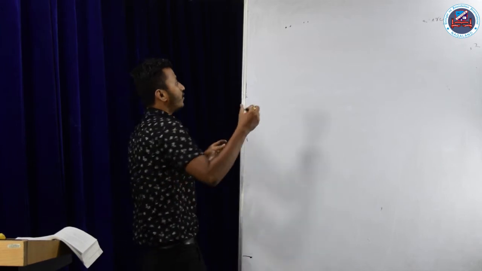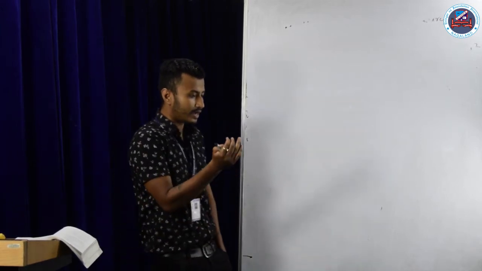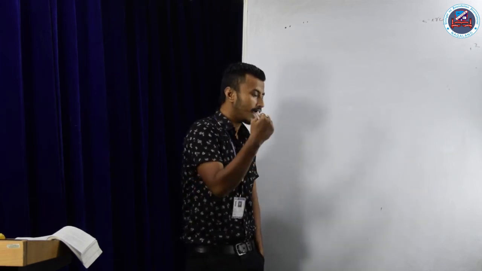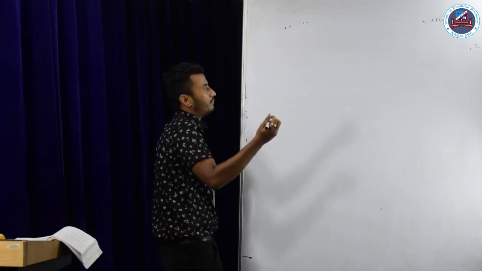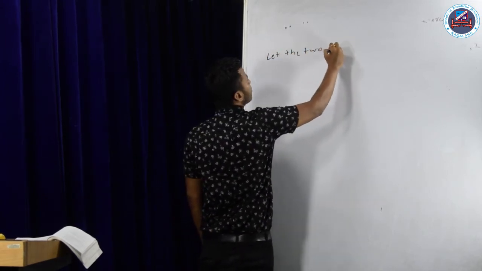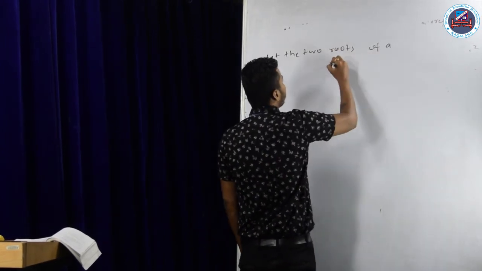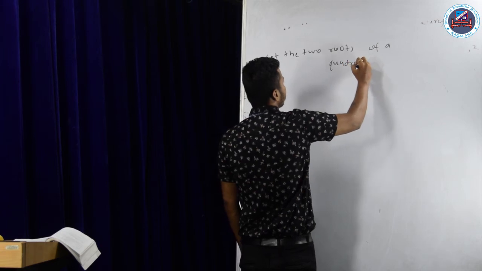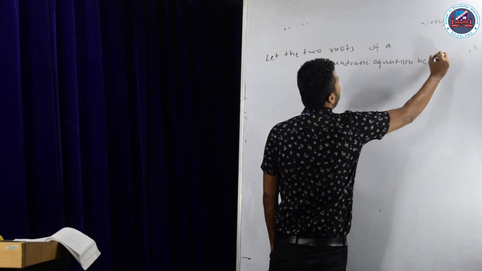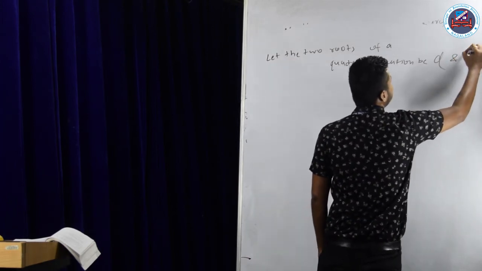Okay, what is the quadratic formula now? Since it is a quadratic equation, there are two roots. Let's name these two roots alpha and beta. Let the two roots of a quadratic equation be alpha and beta.